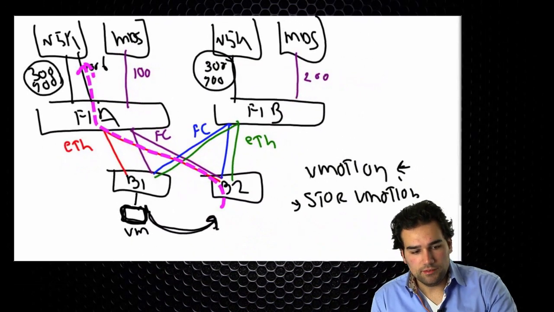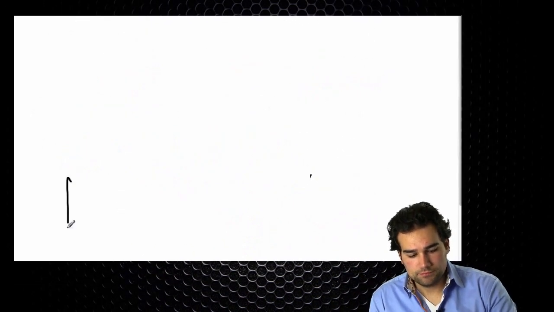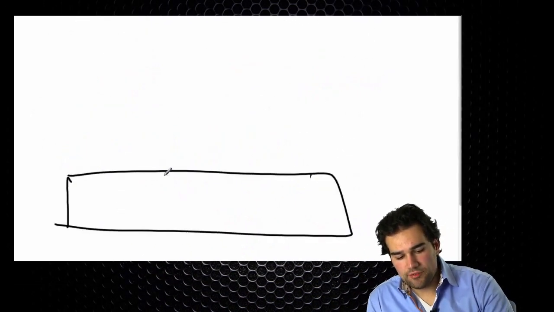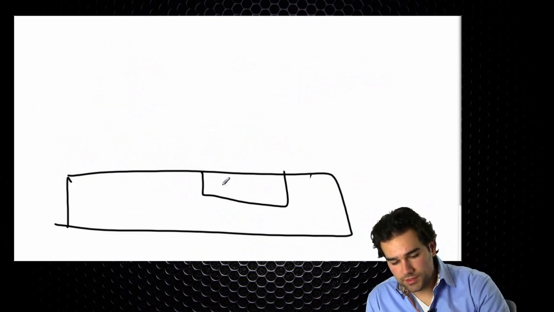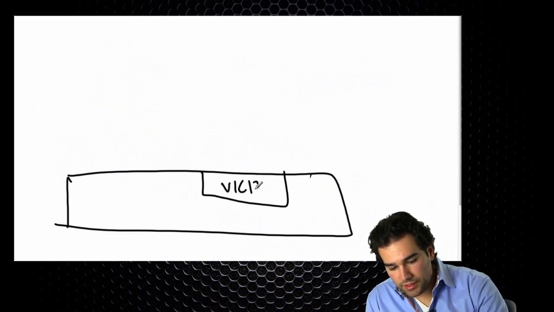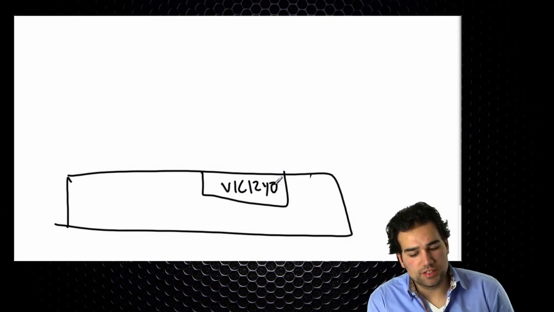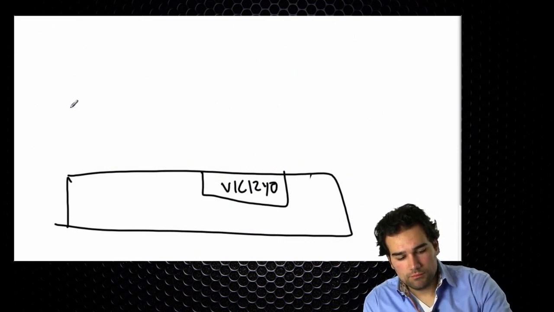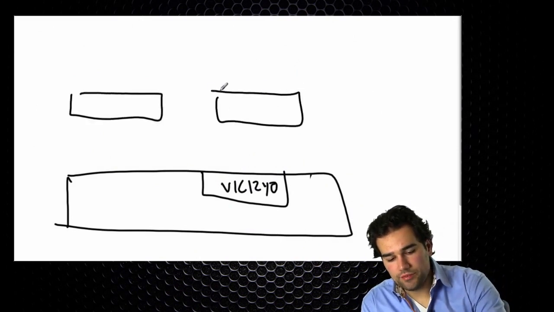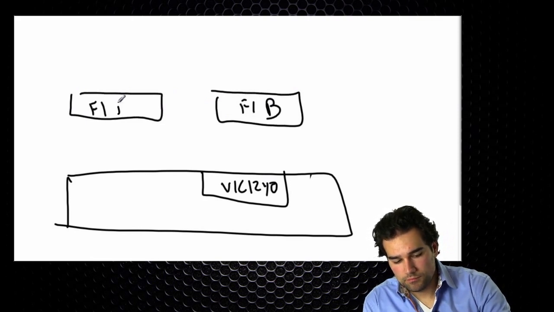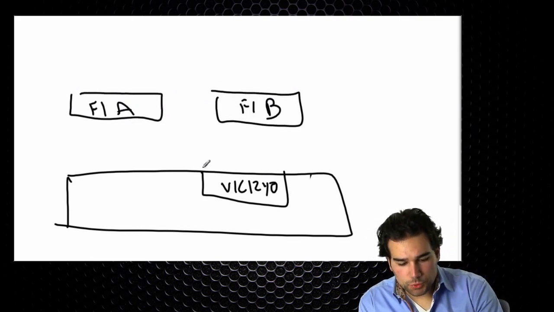Well, again, let me draw it again. We have our VIC-1240. Let's assume we only have that one and not the 1280, making it a lot easier for this example. We have FIA and we have FIB. Towards these, we have 2 times 10 gig.